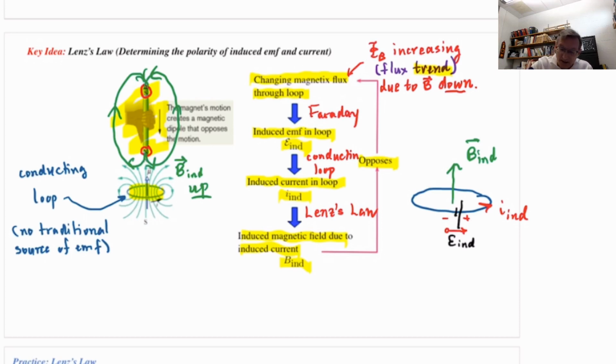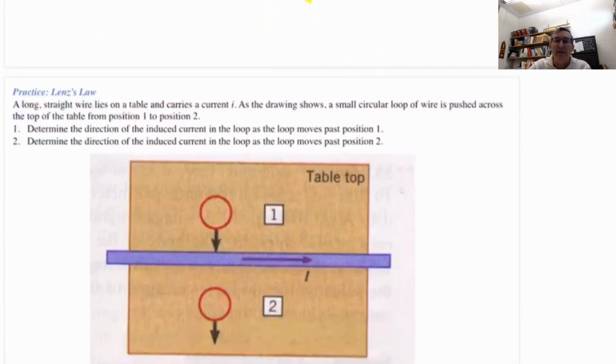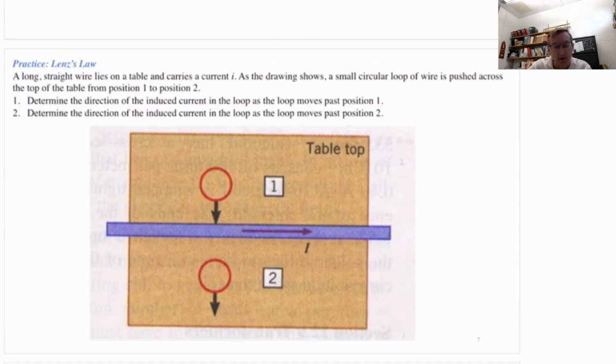It's not successful, but it's trying. And really the only way to make any progress applying this flow chart to help us understand Lenz's law is to practice. So we're going to practice here together, and then you're going to have a class engagement.